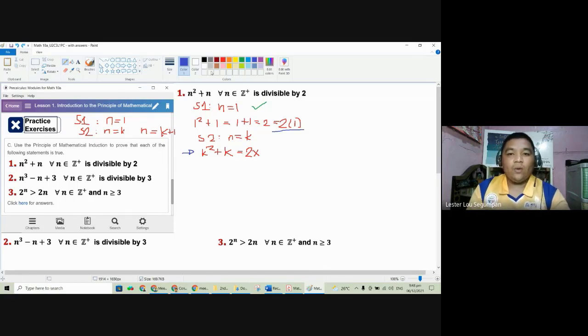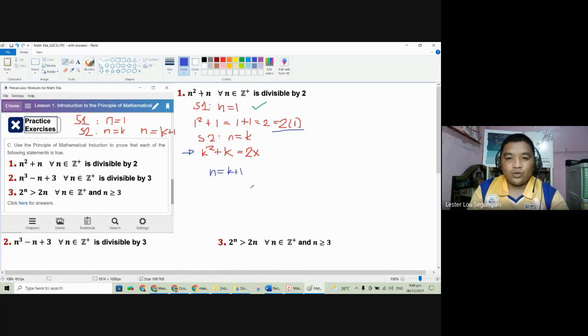So with this, we need to show an expression that we are going to manipulate later on as proof that it's still divisible by 2. That is actually when we try to substitute n equal to k plus 1.